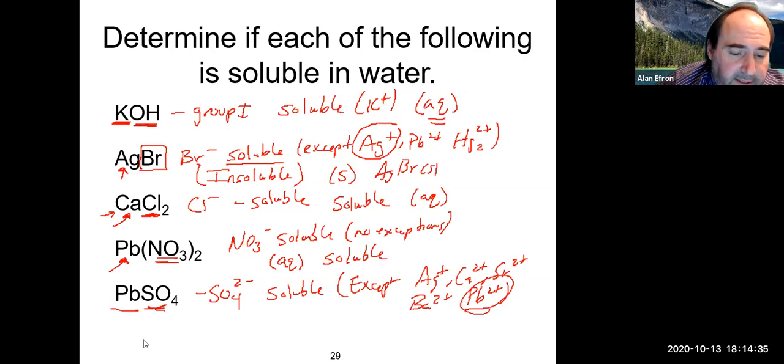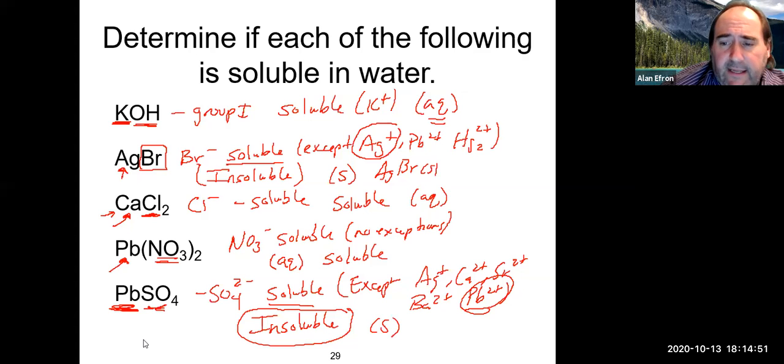So in this particular case, because the sulfate is attached to lead, which is one of the exceptions, it goes from being soluble normally to, in this case, being insoluble because of that connection, and we would expect a solid to be formed in that particular case. Question on how to use solubility rules and determining if something is going to be aqueous, solid, or any of those things?